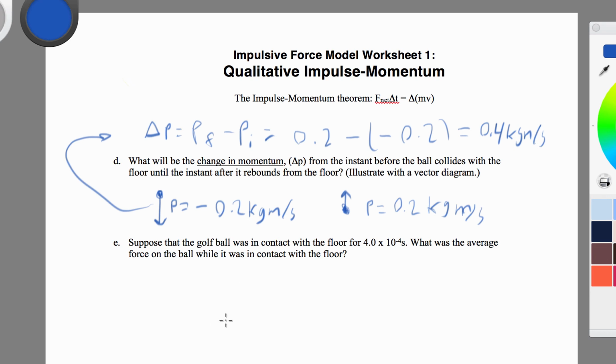Suppose the ball was in contact with the floor for 4 times 10 to the minus 4 seconds. What was the average force on the ball while it was in contact with the floor? Well, okay, impulse. A force times a time equals a change in momentum. Our change in momentum is 0.4 kilogram meters per second. Although, is that really what I want?